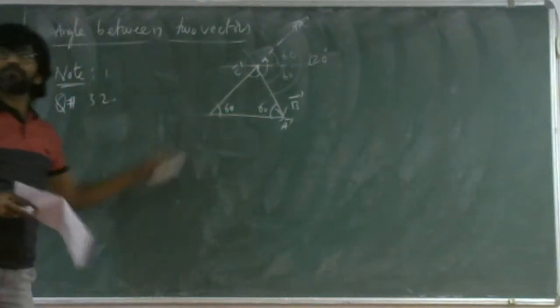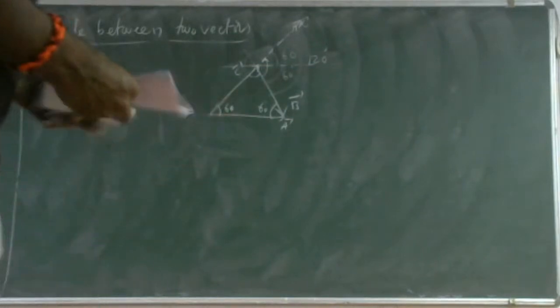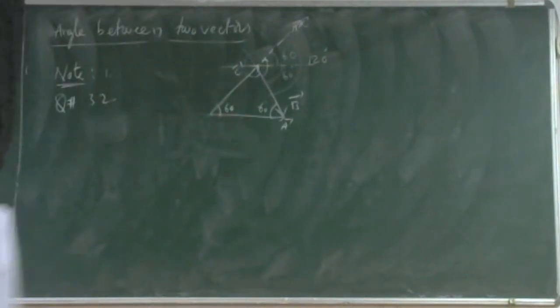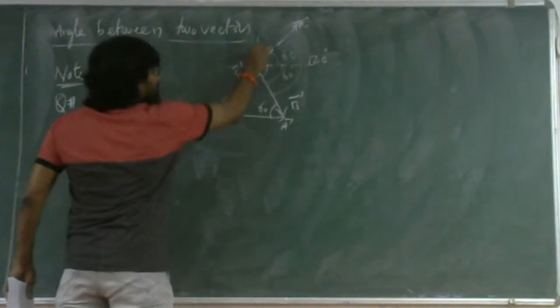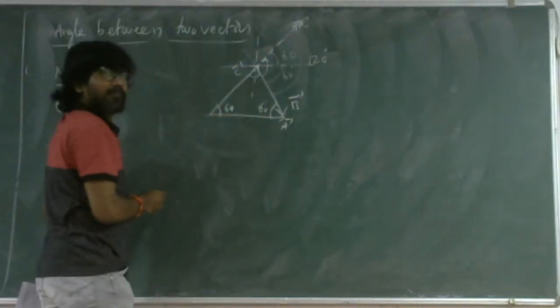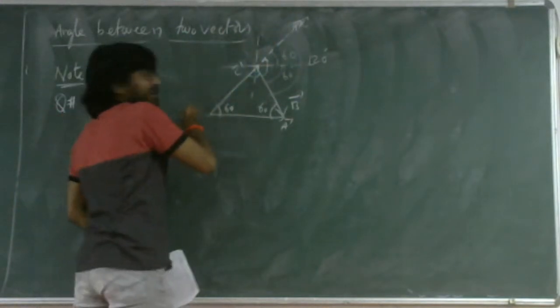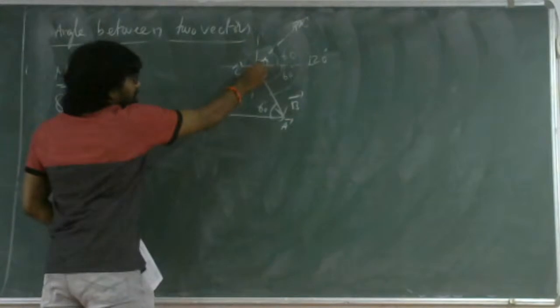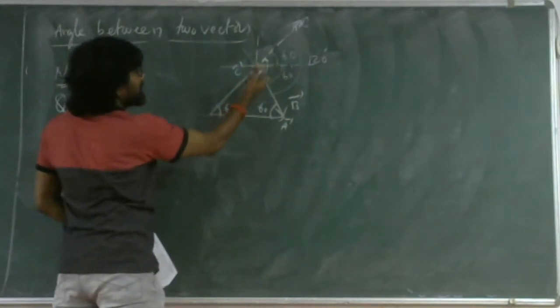Yes? Any confusion here? Horizontal line, this. Yes, this should be 180 degrees. This should be 180, 60 minus 180.